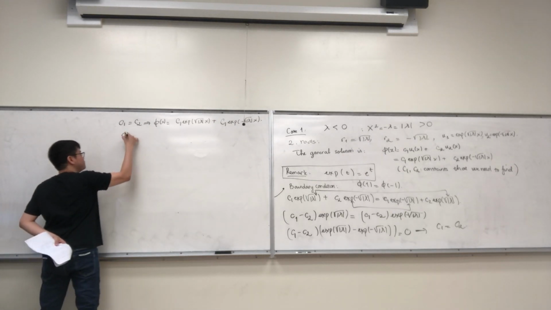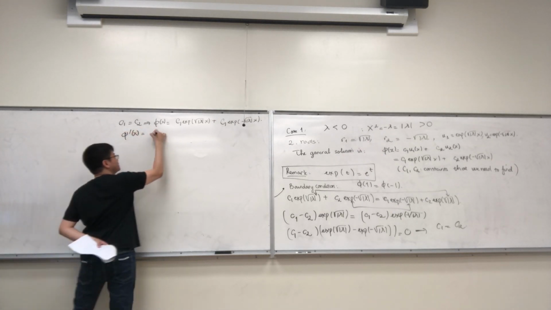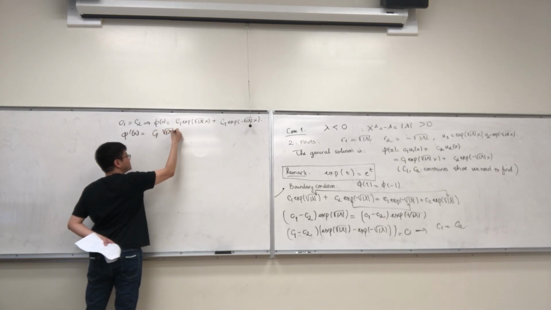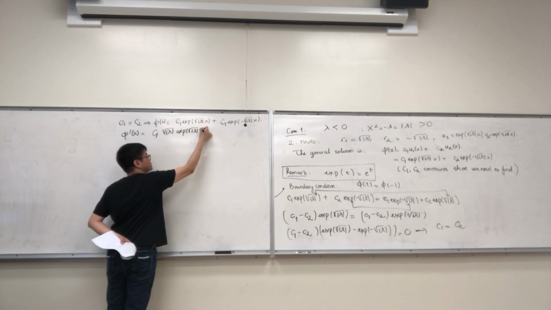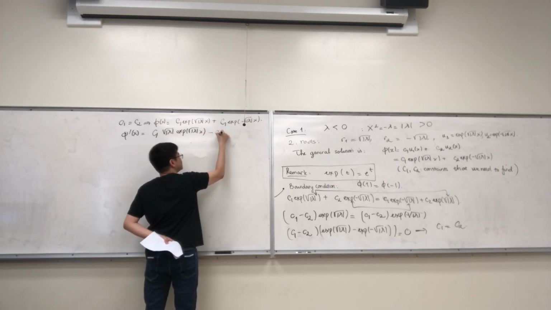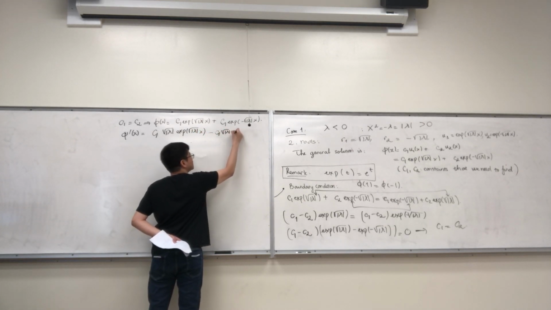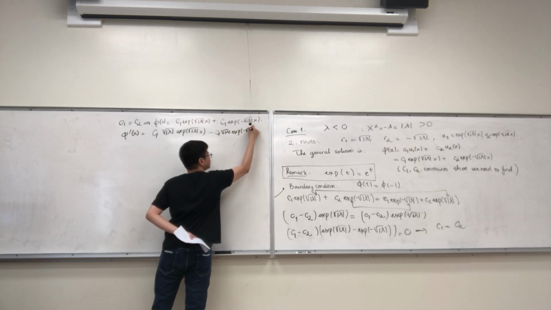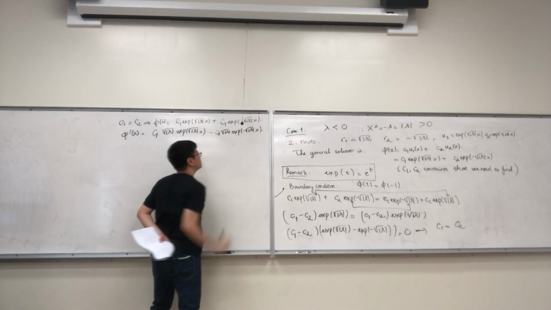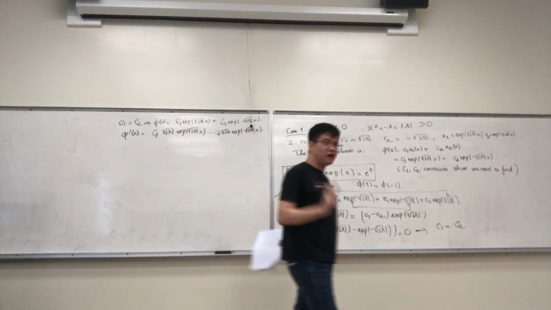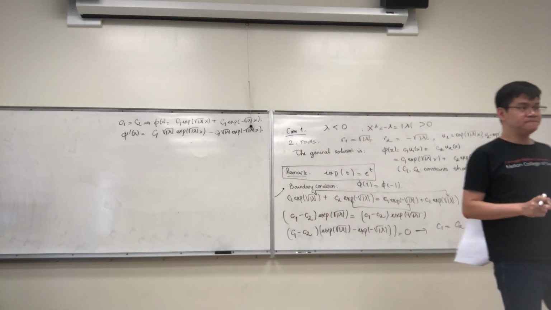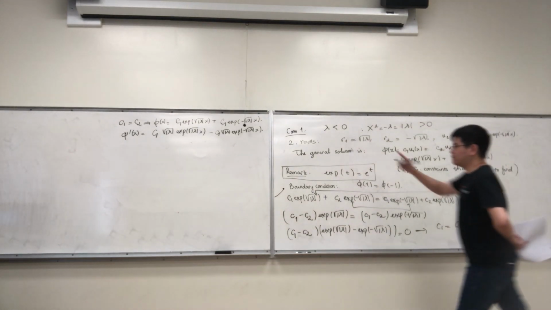So now I'm going to have phi prime of x will be C1 square root of lambda exponential of square root of lambda x. And here I have minus C1 square root of lambda exponential of minus square root of lambda x. Alright? So from the first boundary condition, I find that C1 and C2 are equal, so I replace them here.